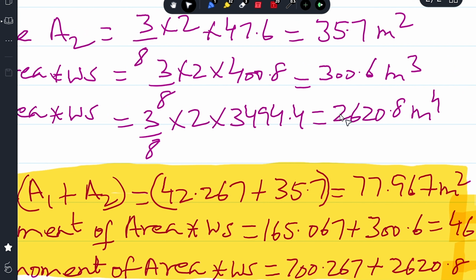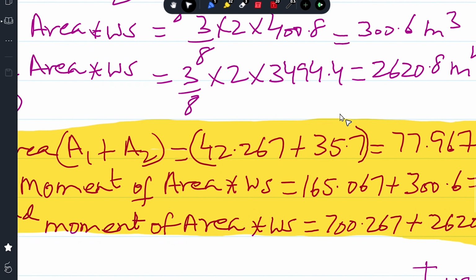So what we got now? We got for the top area A1, the area, first moment of area and second moment of area. Then for the bottom portion, area A2, we got the area, first moment of area and the second moment of area.